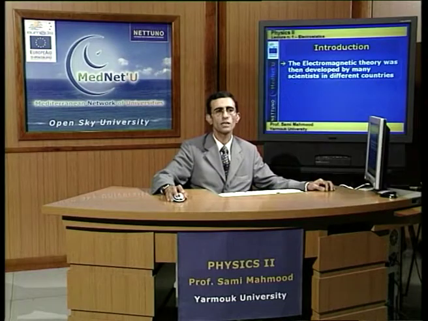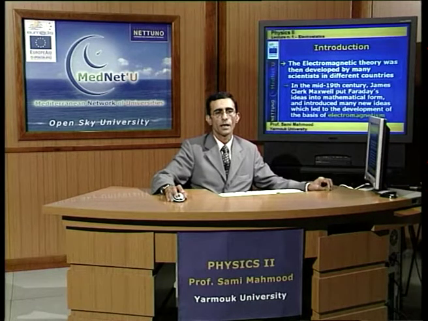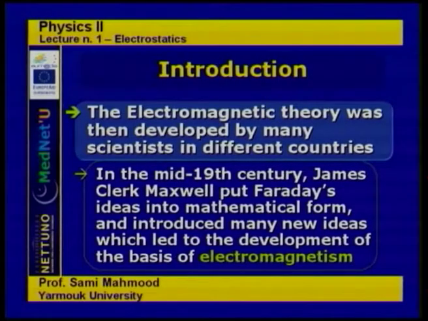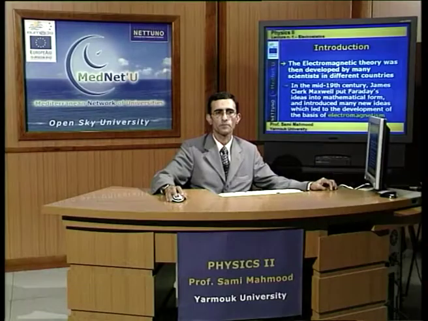And that was a real genius. In the mid-19th century, James Clerk Maxwell used the findings of Faraday and others. He put Faraday's ideas into mathematical forms. He also introduced ideas of his own, like the idea of the displacement current. And these efforts have led to the evolution and development of the basis of the theory of electromagnetism.